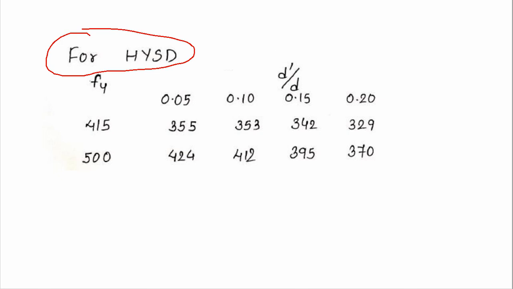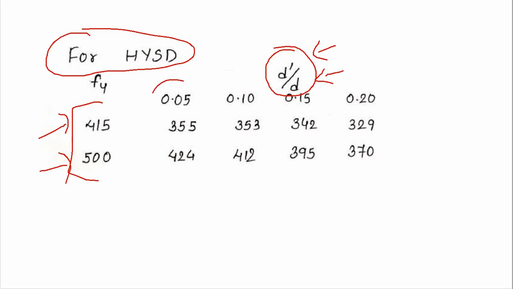So HYSD steel is basically converted into two grades, Fe415 or Fe500, and the thing we need to find is the ratio of D dash by D. The value of FSC will depend upon the ratio D dash by D. D dash is our top cover and D is the effective depth. This ratio can be 0.05, 0.1, 0.15 or 0.2.